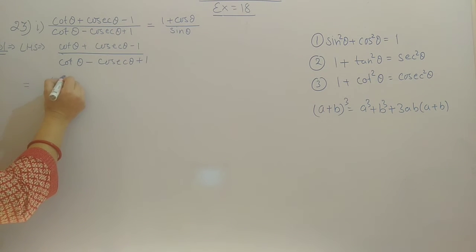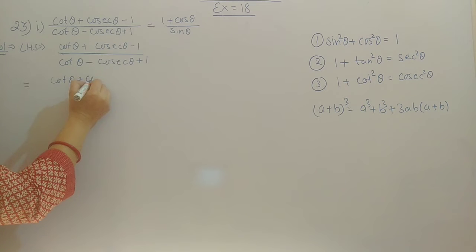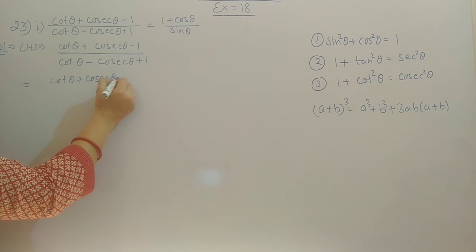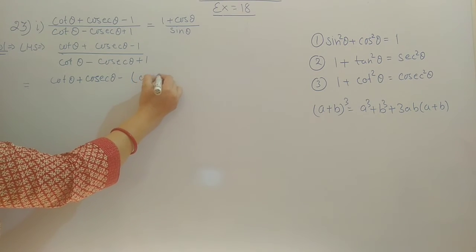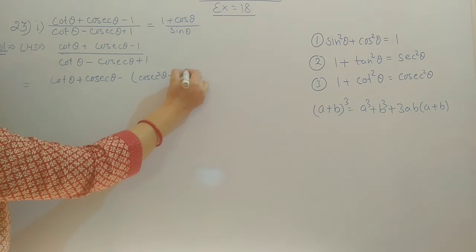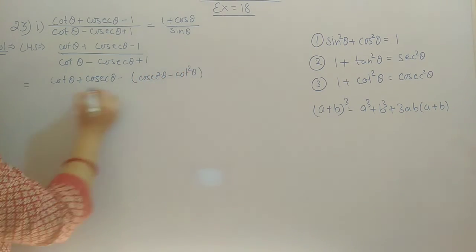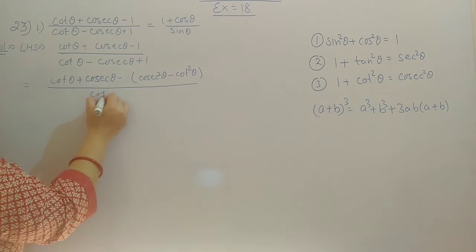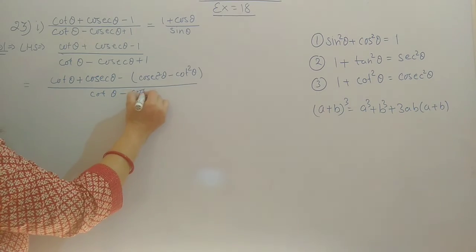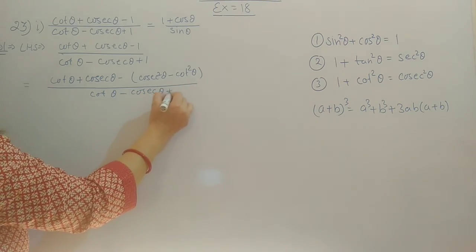So cot theta plus cosec theta, and in place of 1 we can write cosec square theta minus cot square theta. Denominator will be same, cot theta minus cosec theta plus 1.